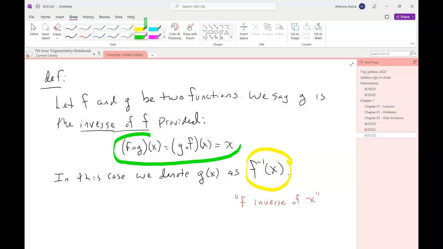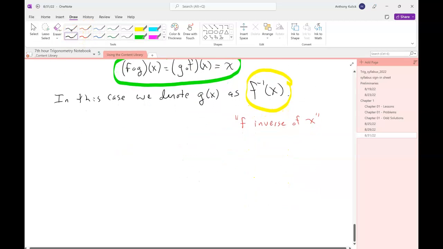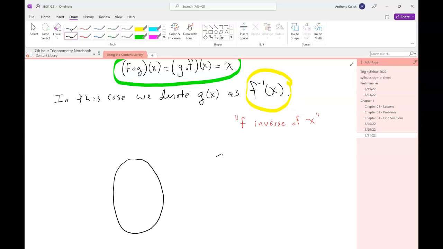So let's talk about what this is doing here. I'm going to draw a function f using a mapping diagram.